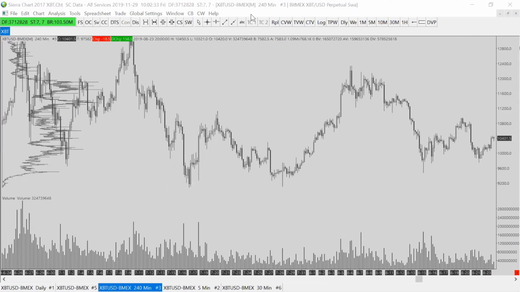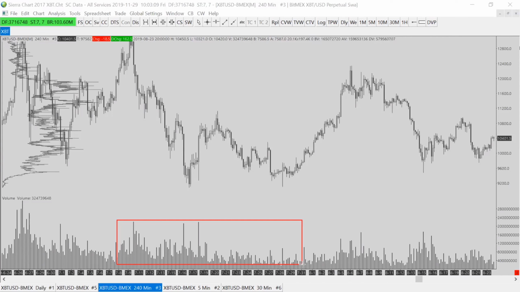As opposed to volume by time, this down here, which you're probably all familiar with, in which the volume which traded over a specific period of time is displayed on the x-axis. So how much volume occurred in each bar of time.